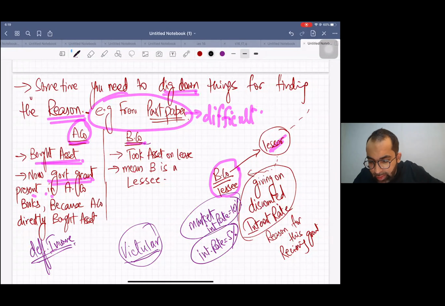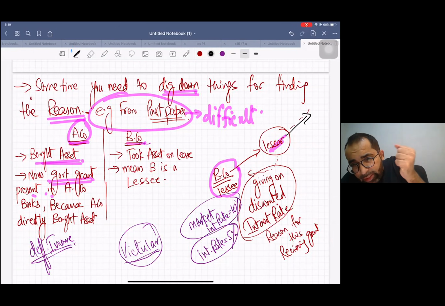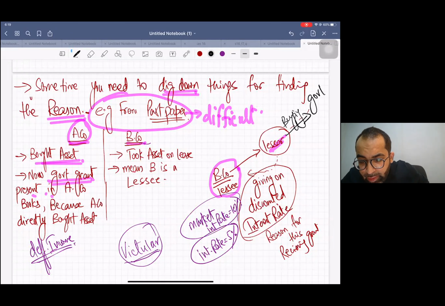Maybe the lessor will first buy the asset, and he will provide it to us. So as the lessor is directly buying, it is possible that government is giving a grant to the lessor.